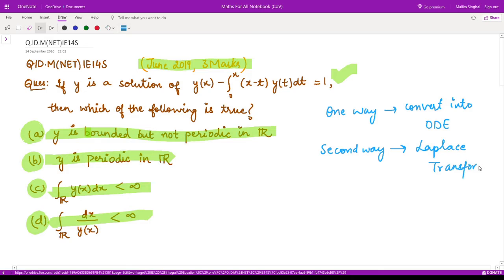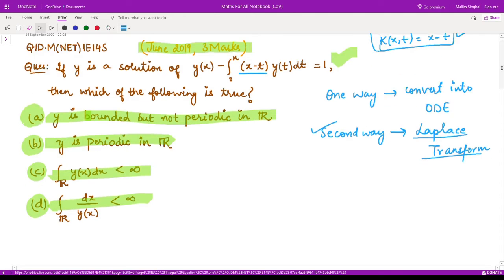Why can we use the second approach? Because here the kernel is given as x minus t, which is of the convolution form, and when we have this convolution form, there is a result in Laplace transform known as the second shifting theorem, which gives us ease in solving equations with kernels of this kind.